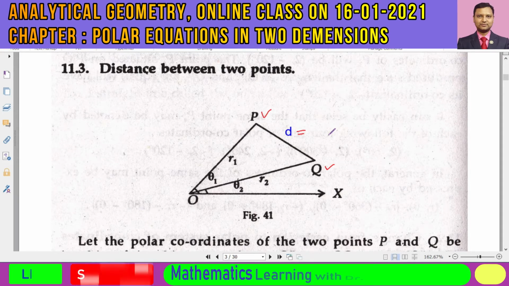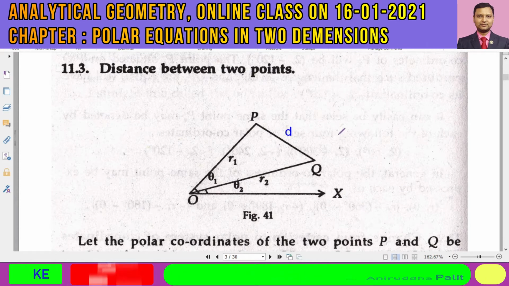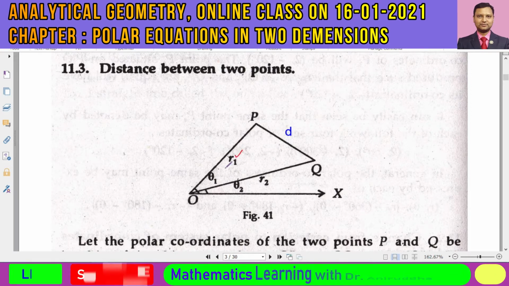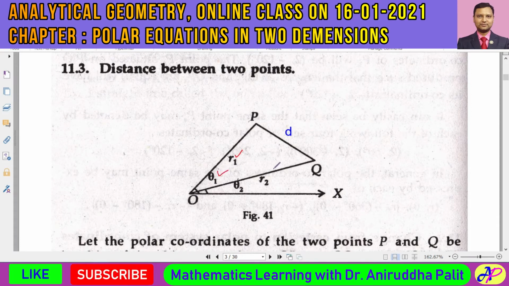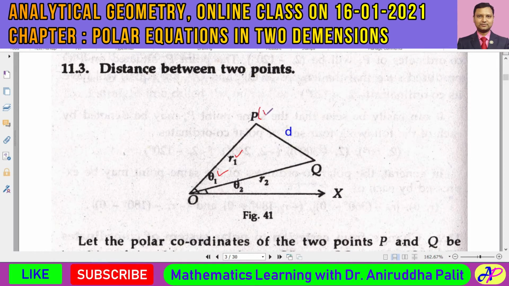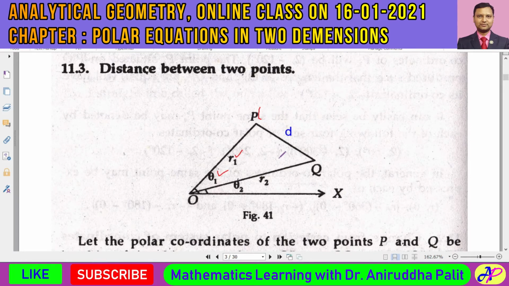Now we are introducing the same kind of idea or formula in case of polar coordinates. Suppose this point P has the polar coordinates r1 and theta 1. Sometimes we generally say P has the vectorial angle theta 1. We mean that the corresponding polar coordinate is equal to r1. This kind of notation is also available in different books.